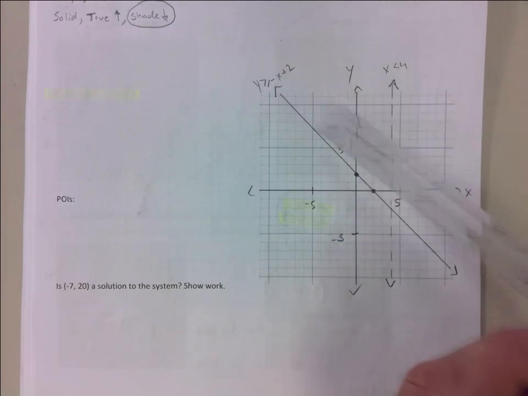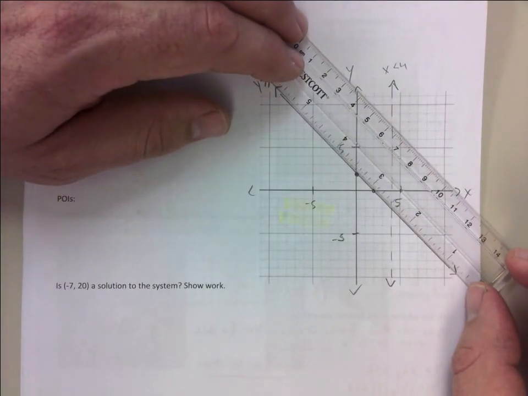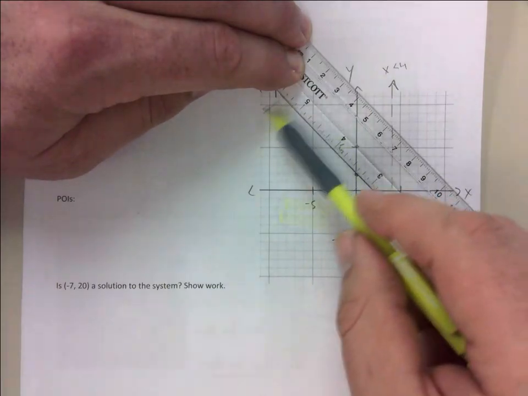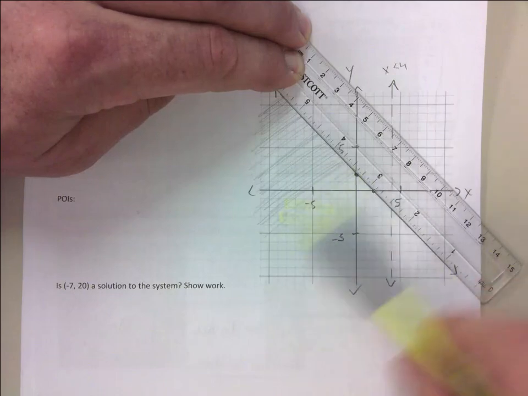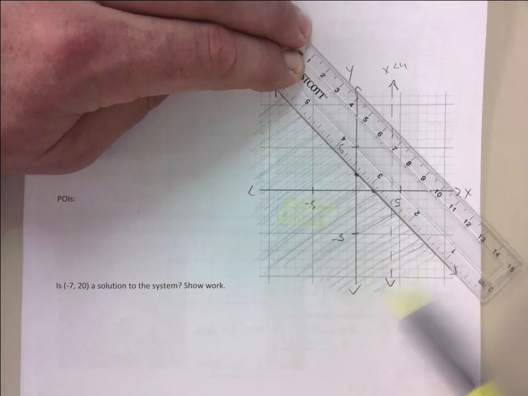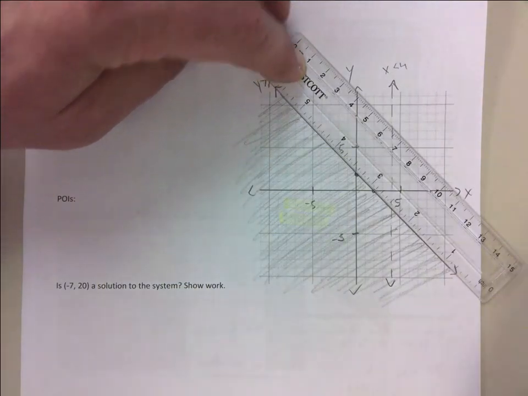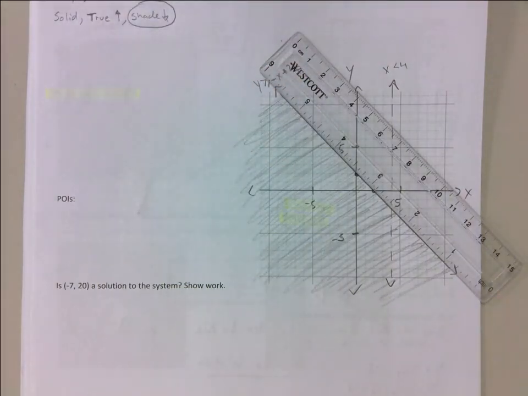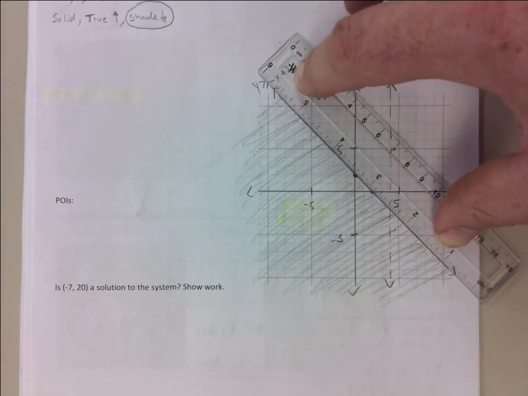So when I go to the diagonal line, it says shade below. I told myself shade below, so we're going to shade below the line. And maybe some of you, sometimes students struggle with where is below, where is above. You know what I would suggest is put a ruler on that line, okay?